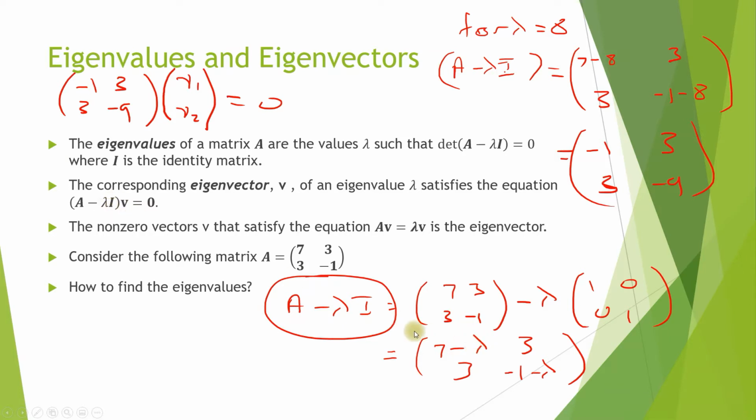So what you want is A minus lambda I for lambda equal to negative 2. You need to find it out first. So it becomes 7 minus lambda, and lambda is minus 2.